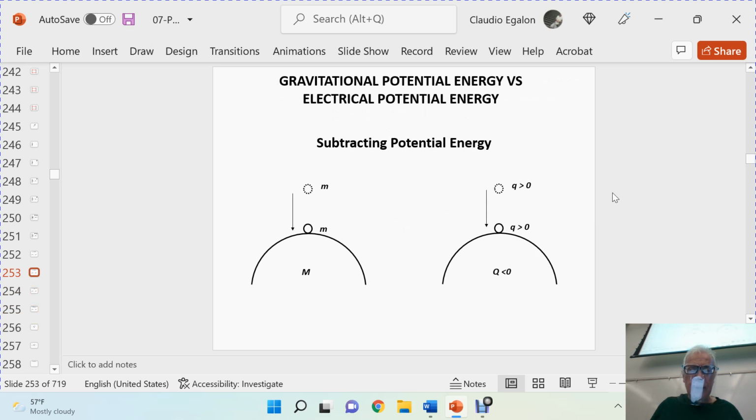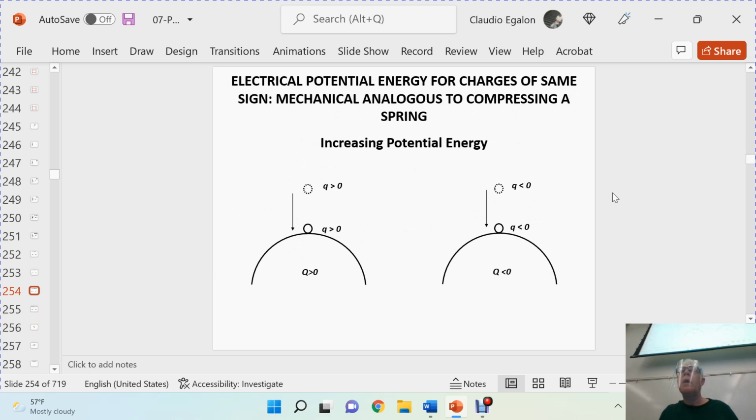Let me give you an example for two charges with the same sign. I'm going to hold a positive charge in one hand and another positive charge in the other hand, and bring them closer and closer.